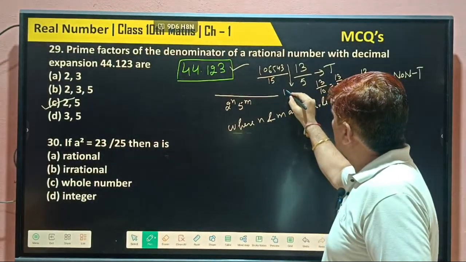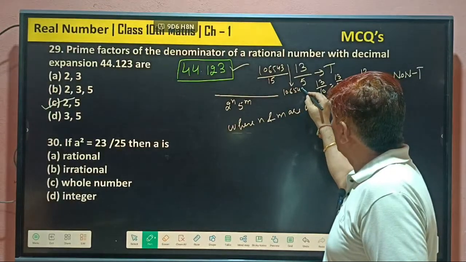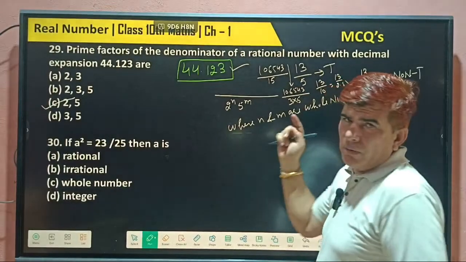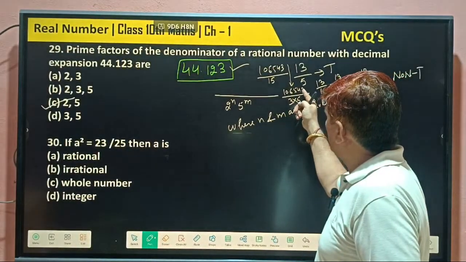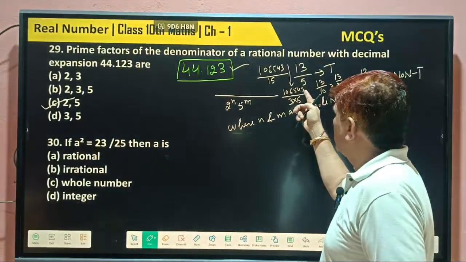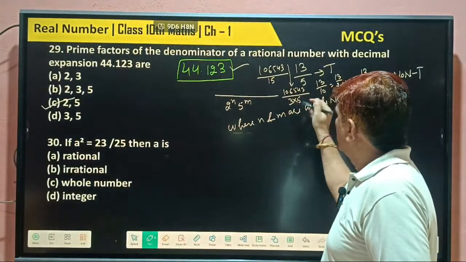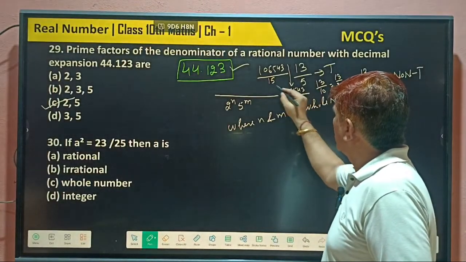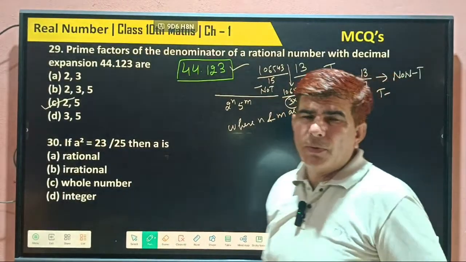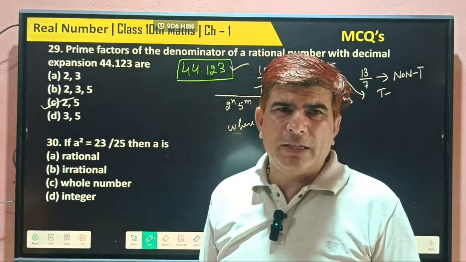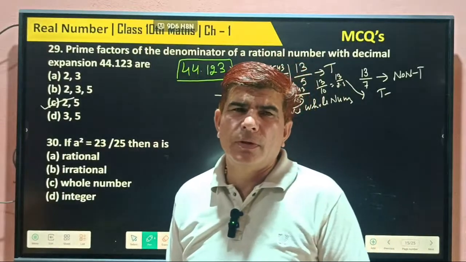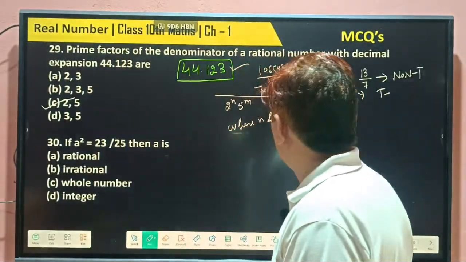So 16543 is not divisible by 3. It's not divisible by 5. Not divisible by 3, why? Sum of digits is 4, 7, 12, 18, 19. So not divisible by 5. If the unit digit is 0 or 5, then it is divisible by 5. So this being so, directly we can say non-terminating. If the denominator factors are only 2, only 5, or both 2 and 5, then terminating, otherwise non-terminating.